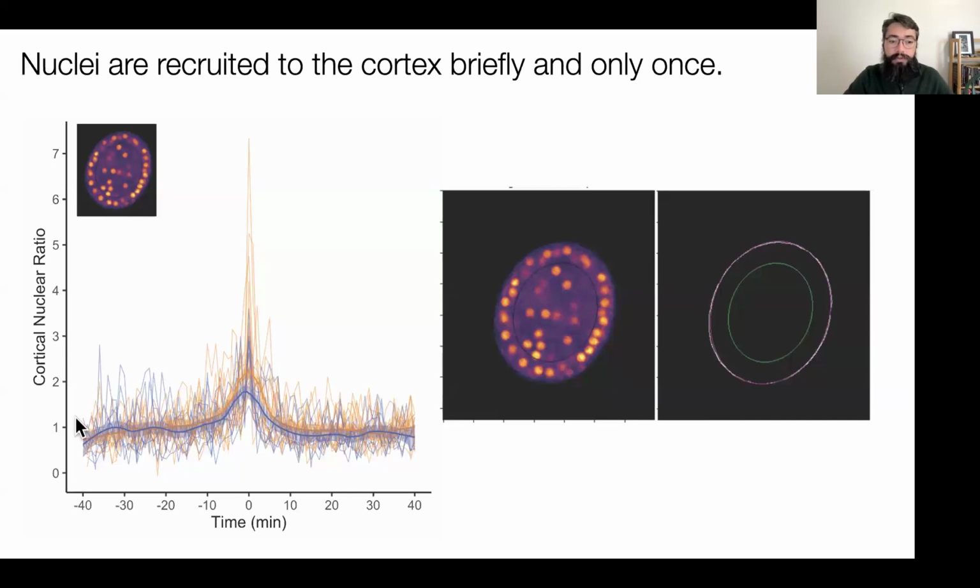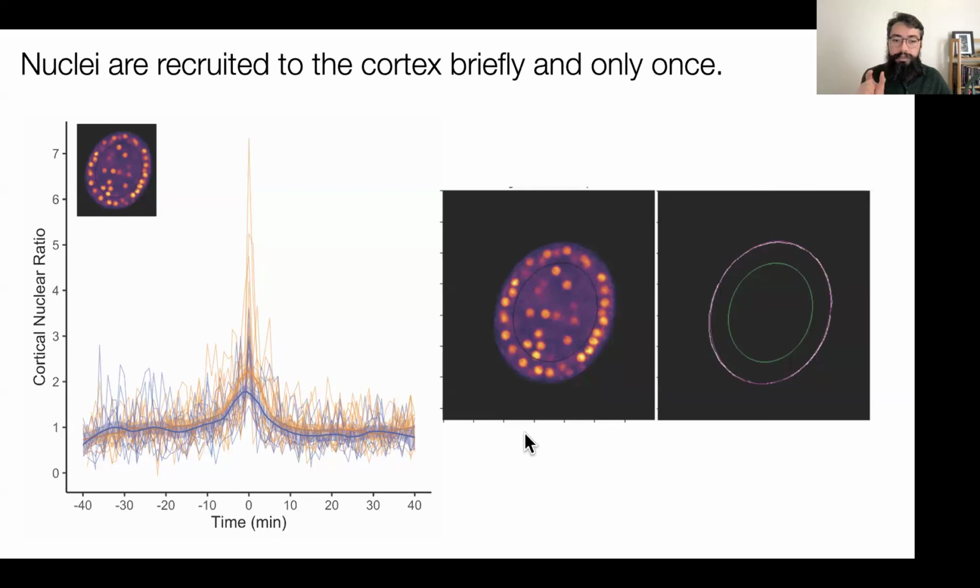We can track this ratio across the 40 minutes before entering cellularization and 40 minutes after. What you see is a very brief period of about 10 minutes in which there is almost a doubling in the number of nuclei outside versus the inside. Once that brief period passes, the nuclei become homogeneously distributed in the sporangium again.